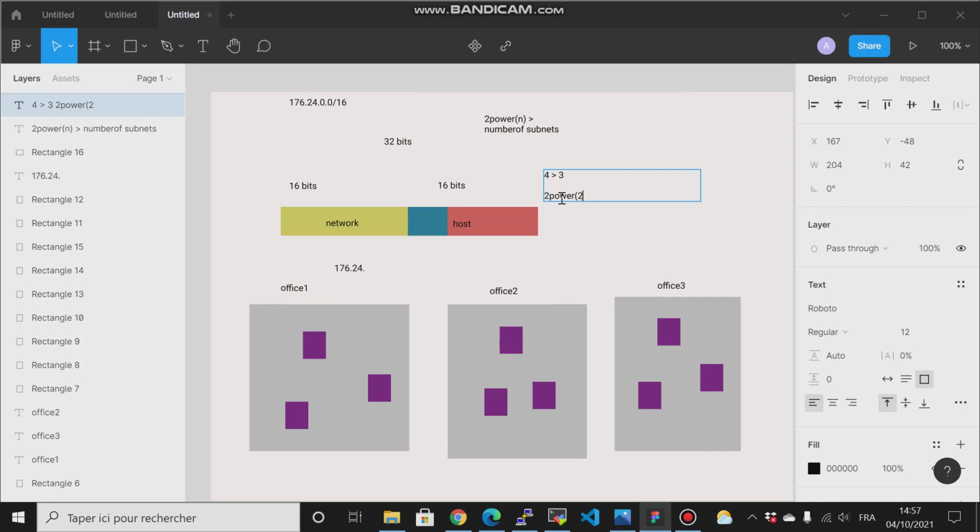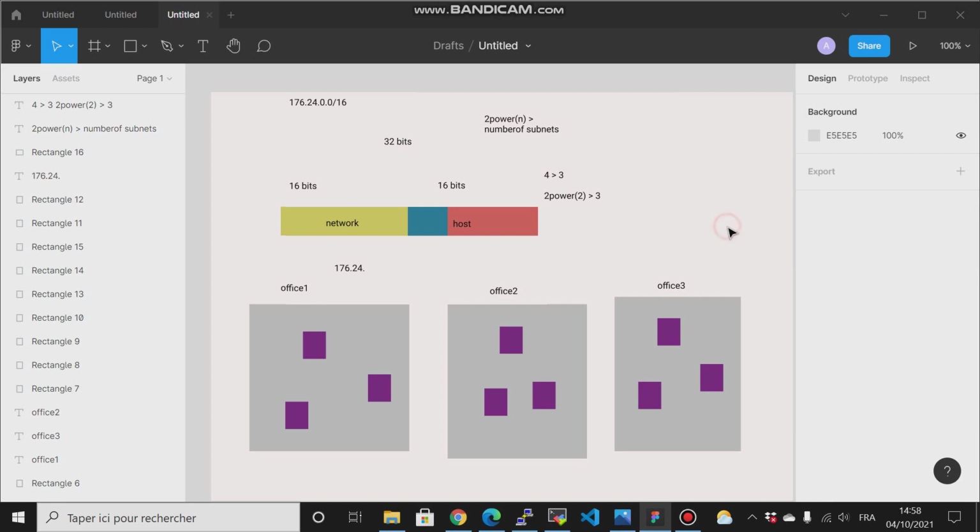2 is greater than 3. So how many bits do we need? We need 2 bits to have that number of subnets that we need.